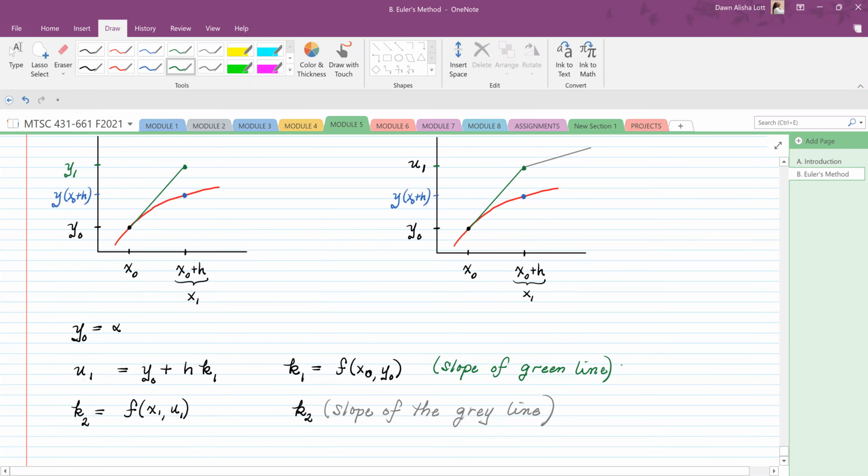If I average the slopes, it's like taking two vectors, and when I average them, I get something that looks like this.